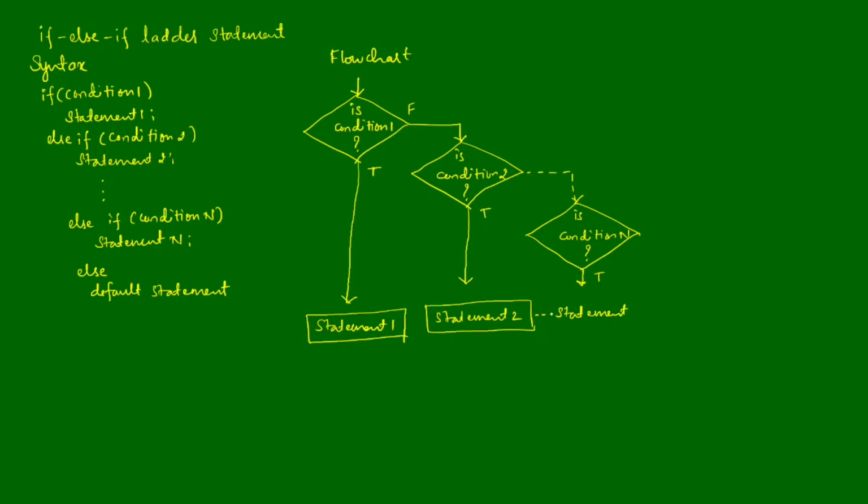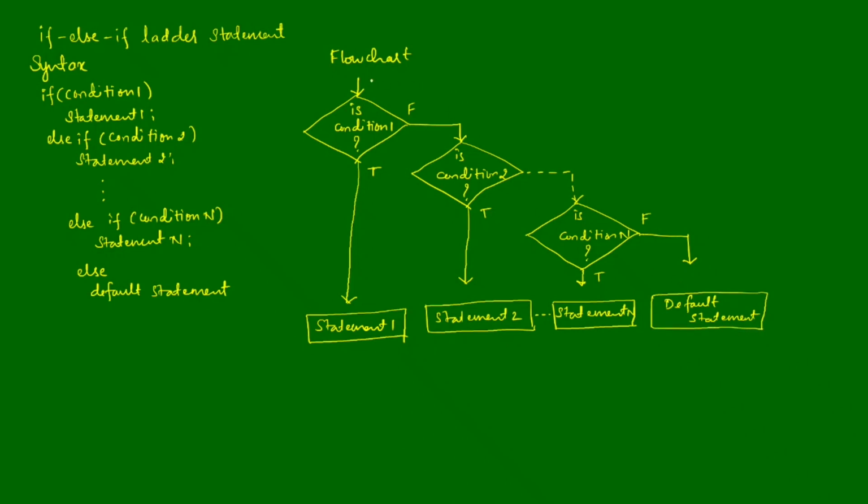So here we can have n number of statements. For that I'm going to write ellipses, that is 3 dots. Here I'm going to write statement number n. If it is false, then at least the default statement should get executed. Here I'm going to write default statement, and enclose this one in a rectangular box.